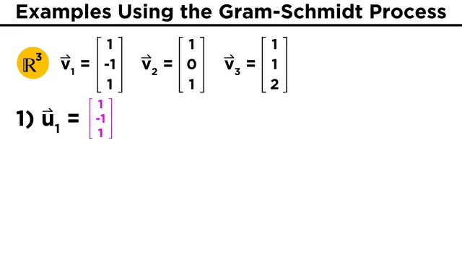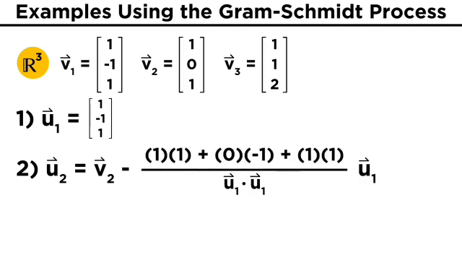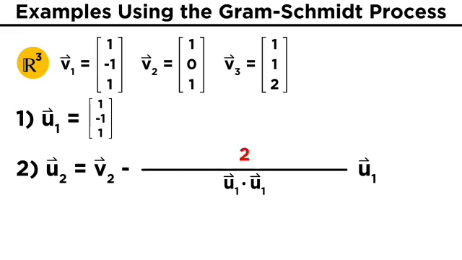Now we get to step 2, where we take our second vector v2 and subtract v2.u1 divided by u1.u1 times u1. Well, v2.u1 will be 1 times 1 plus 0 times negative 1 plus 1 times 1, or simply 2.